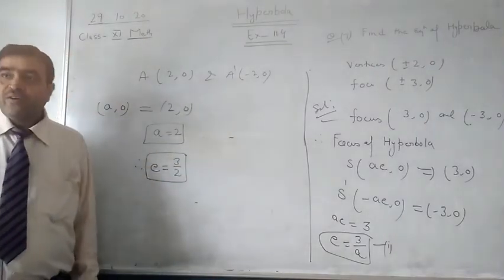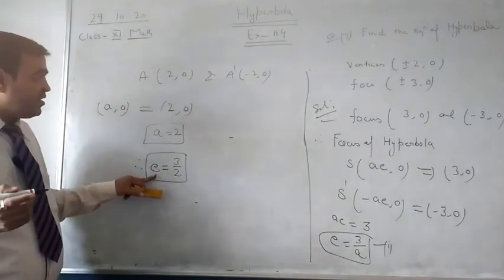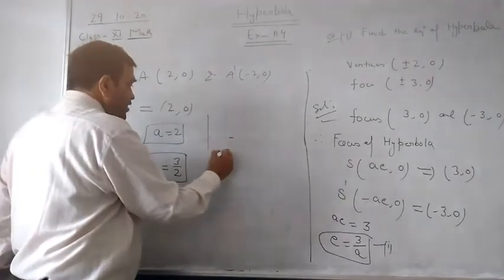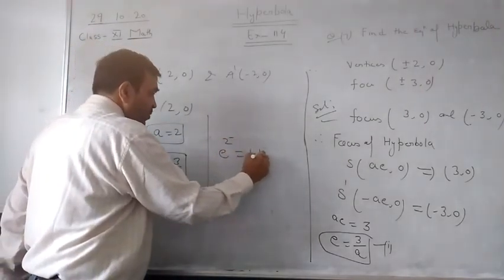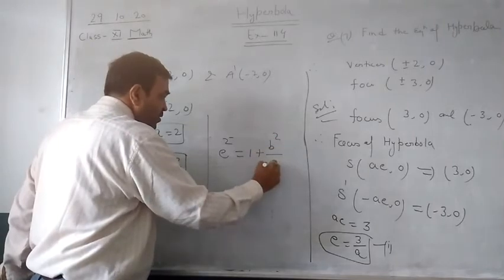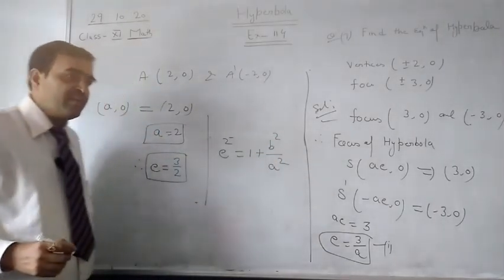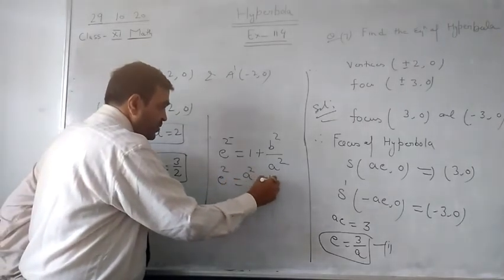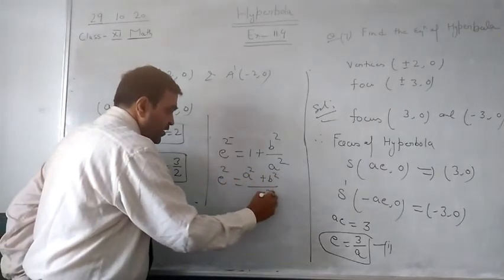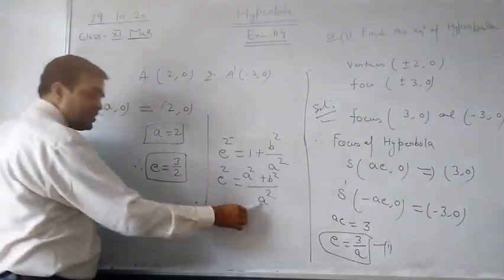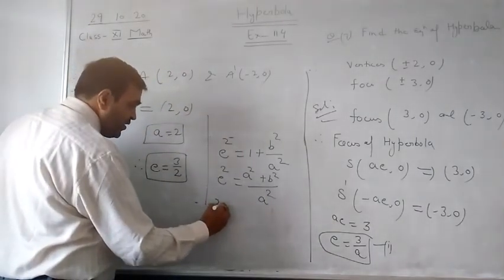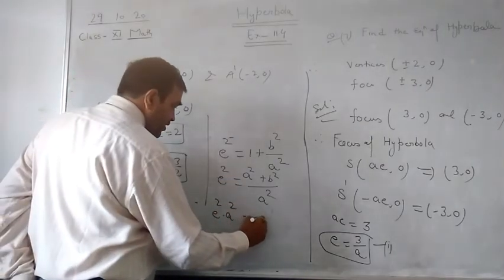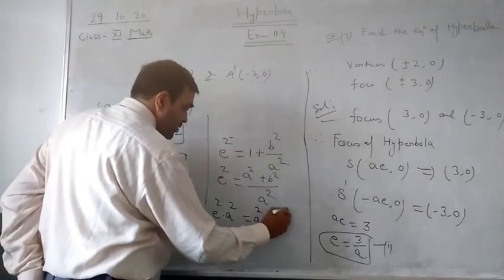Now you have eccentricity, you have a. Find the value of b. You know e square equals 1 plus b square upon a square, means e square equals a square plus b square upon a square. By cross multiplication, e square into a square is equal to a square plus b square.